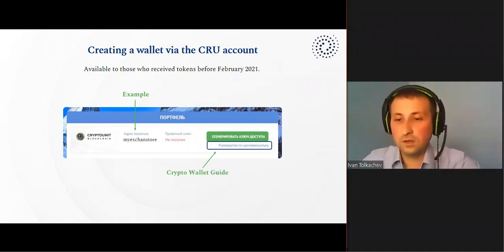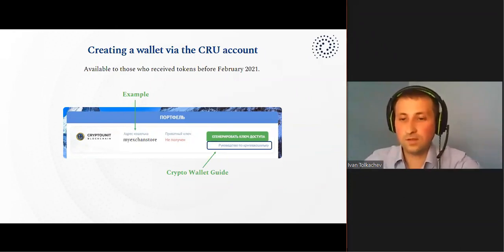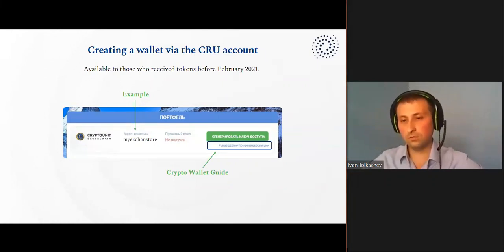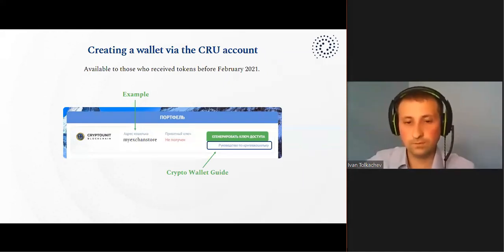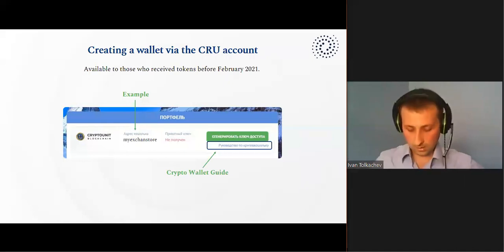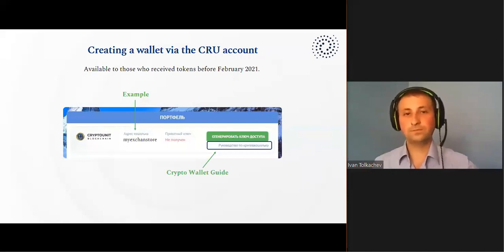For that, you just need to click the button Generate Access Key. The generation process is described in detail in the manual on Crypto Wallet, and there is an active hyperlink to that PDF instruction. There is a video, and you can generate the access key to your wallet and dispose of your tokens in any way you see fit.